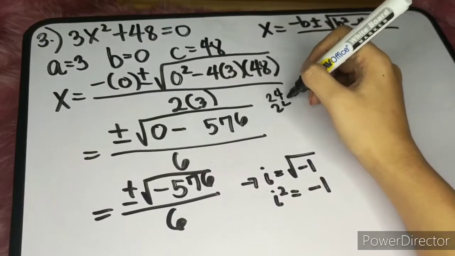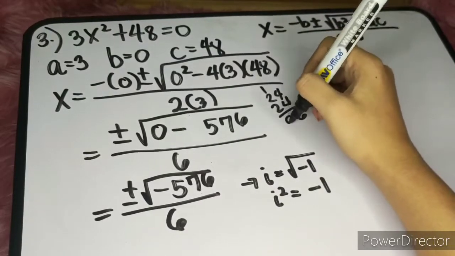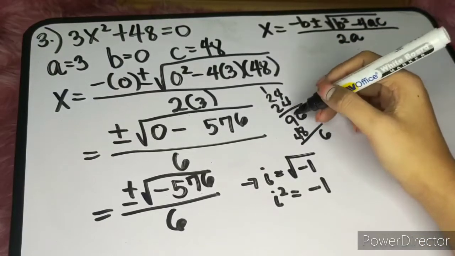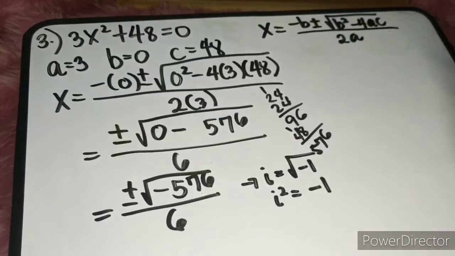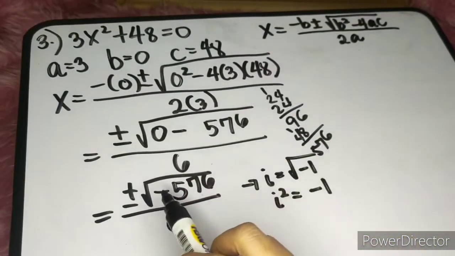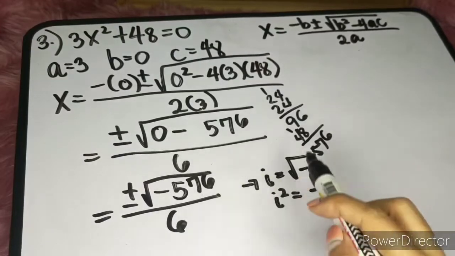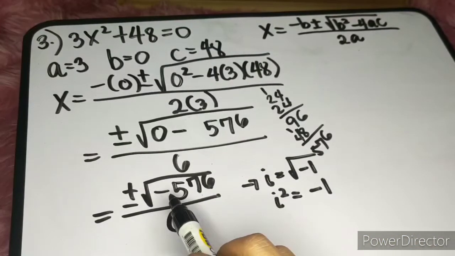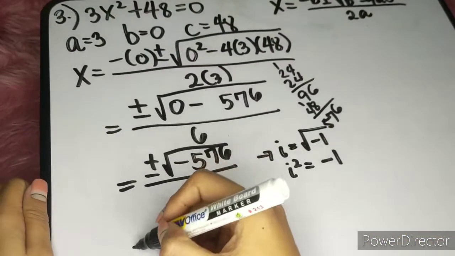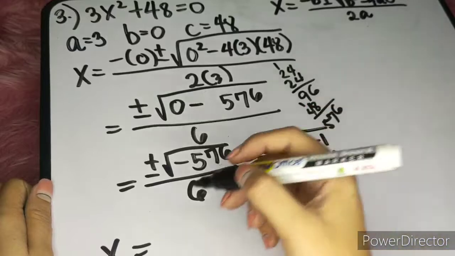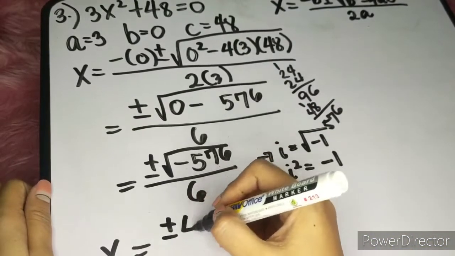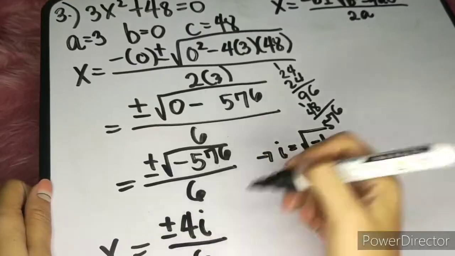Let's see. Okay, correct. So, 576 is 24 times 24. So, ang square root ni negative 1 is I. And ang square root ni 576 is 24. So, we will be writing x is equals to positive negative 4i over 6.